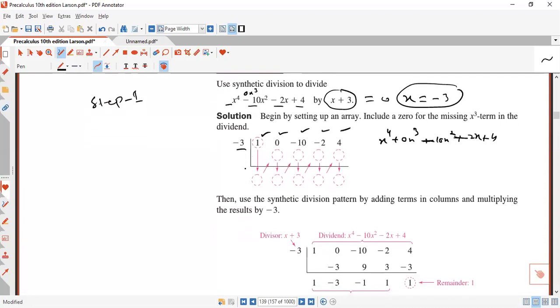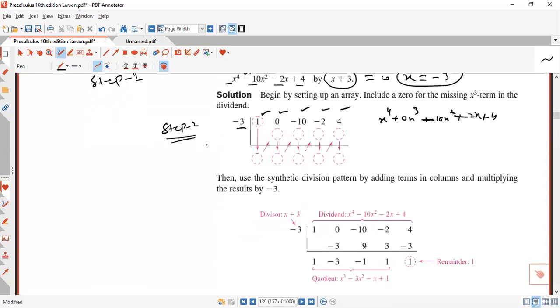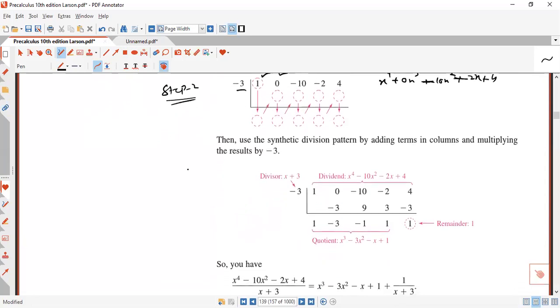This is step 2. And then in step 3 you will follow the pattern. Step 3 is very important. You write this 1 the same as it is. So what is 1 times negative 3? 1 multiplied by negative 3 equals negative 3. So you write negative 3 here, and then you add these two terms. So 0 plus negative 3 will become negative 3, and then you repeat this pattern.